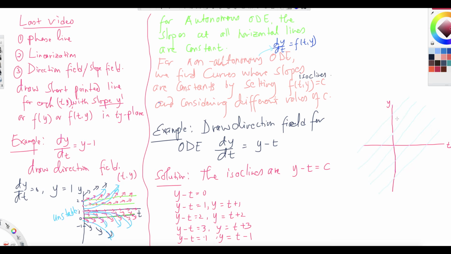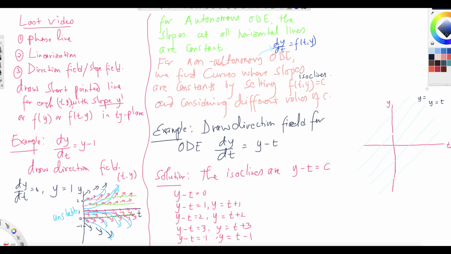At these isoclines, we are going to draw the slope by using a very small, short pointed line segment. Now let us see that. What is the slope on these? Let's say this is y equals t, and this is y equals t plus 1.